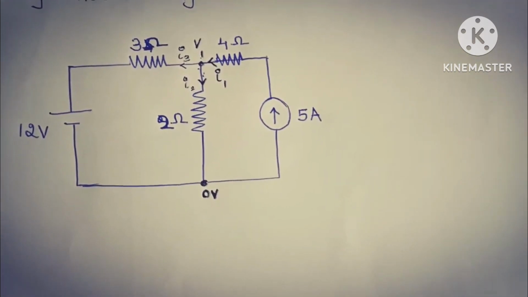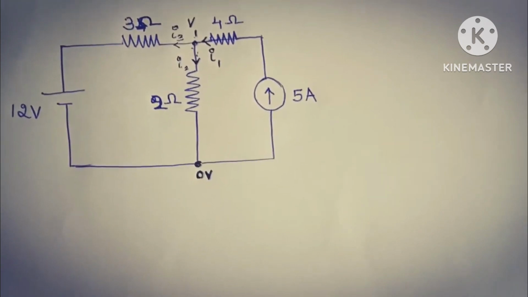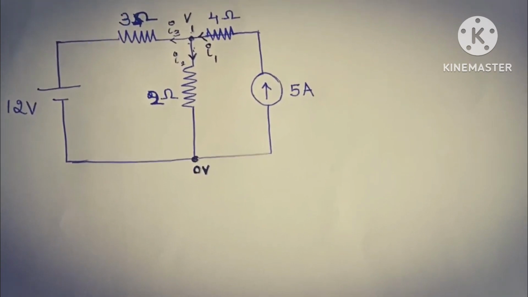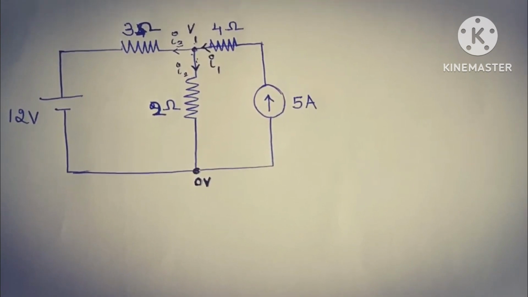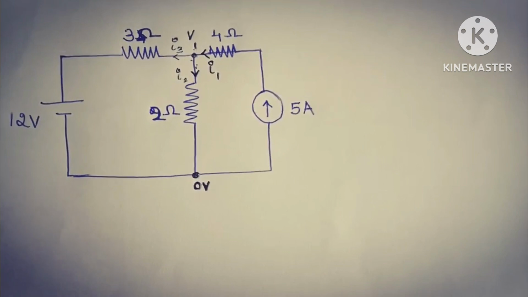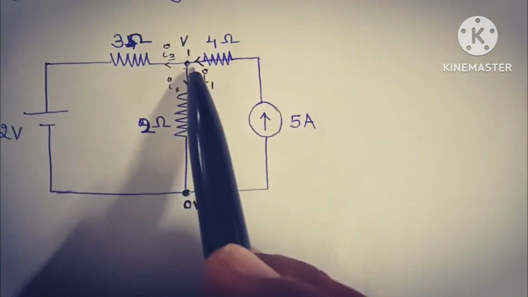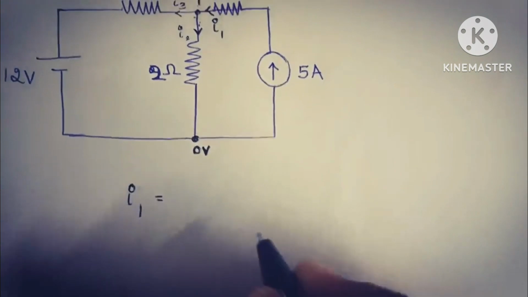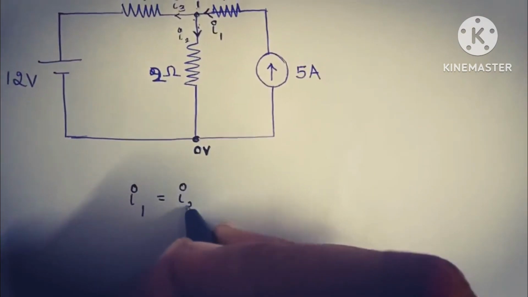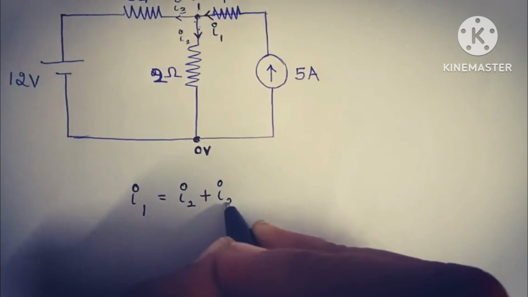KCL refers to Kirchhoff's current law, and it states that the sum of the currents entering the node should be equal to the sum of the currents leaving the node. Here the currents which are entering are I1 and the currents that are leaving are I2 and I3.